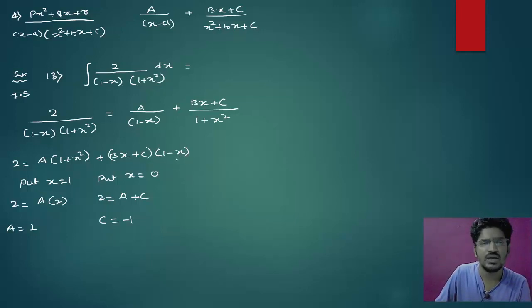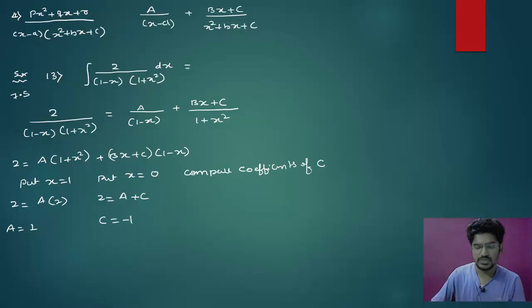c into x will be minus cx. So compare coefficients of, sorry, not c, x, coefficients of x. So that means here there is no x value, so you take it as 0.